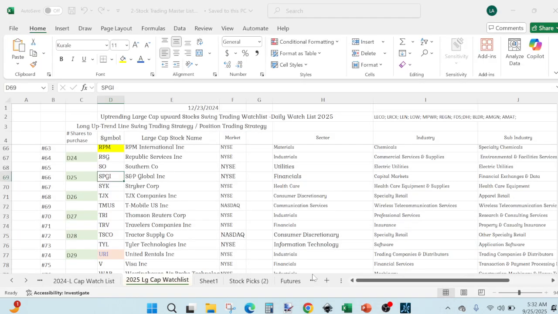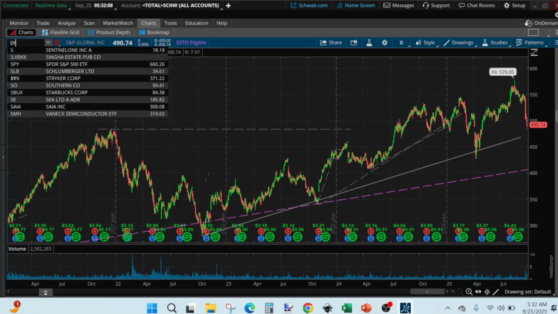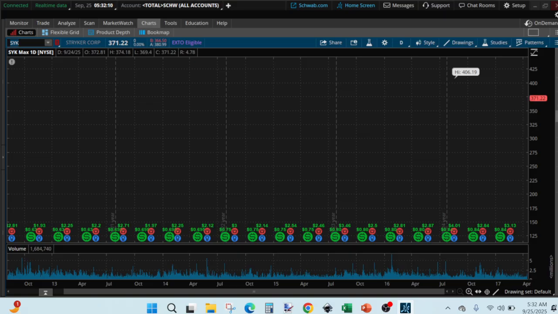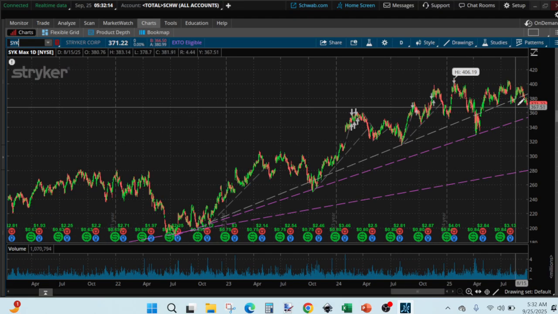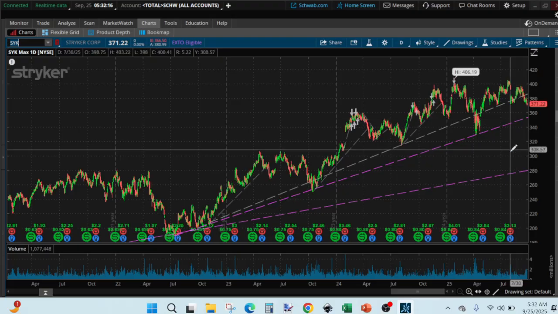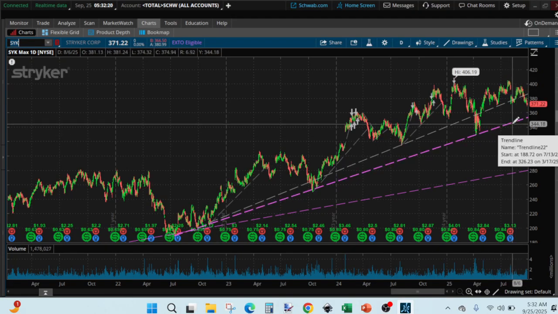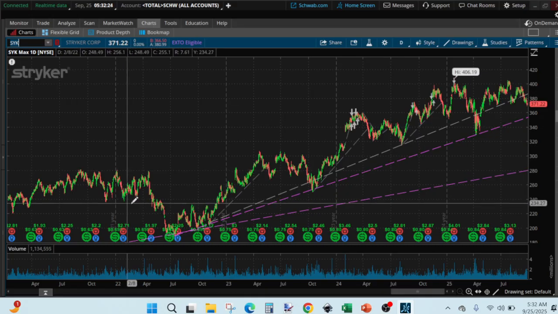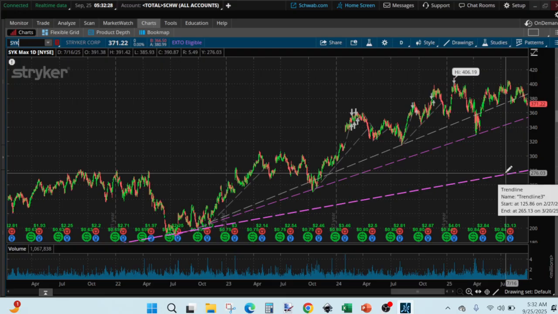So the next one we are going to analyze is SYK. For SYK, we have three lines here that we trace, but this one is not going to be a line for us to buy at, although it crosses multiple lines as well. But then we have this line here.